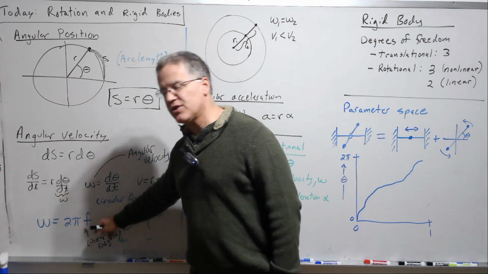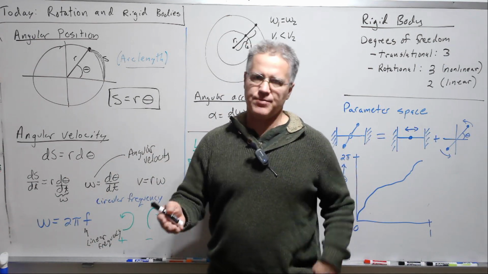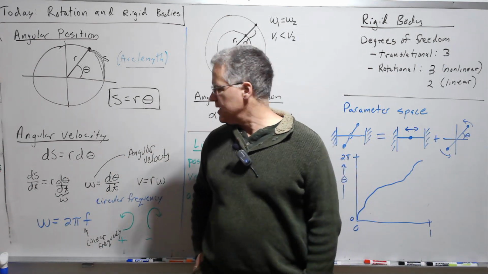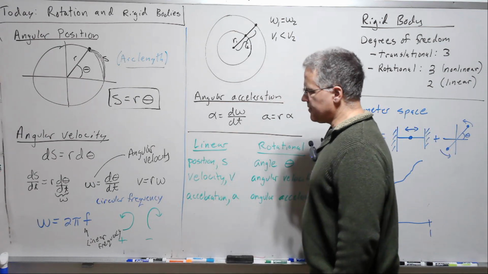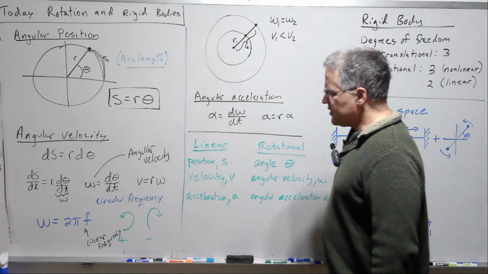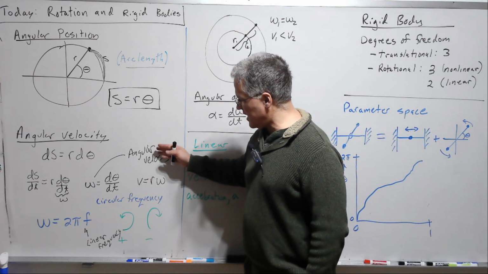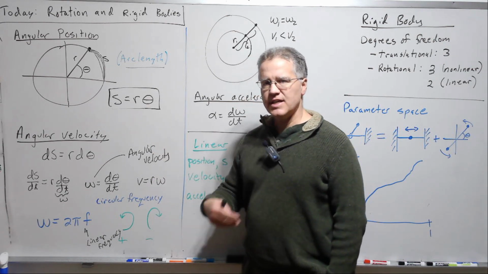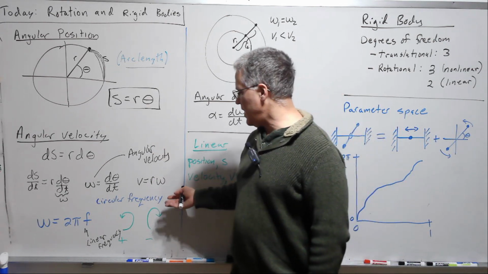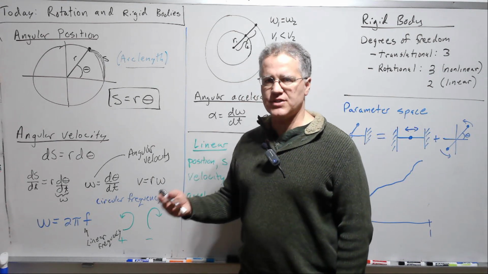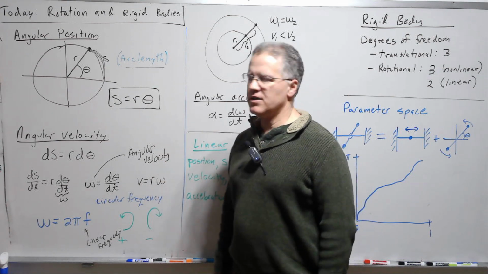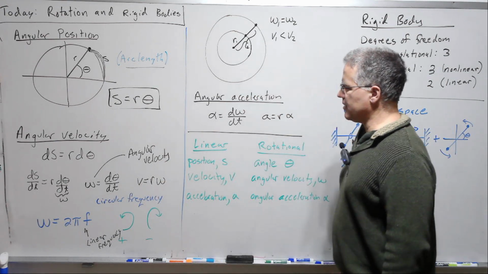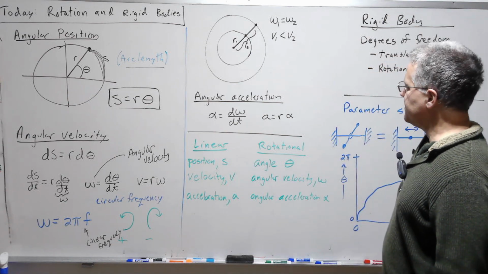In a lot of books, f is the Greek letter nu, so you might see nu as the linear frequency, and the relationship there is a factor of 2 pi. So this feels like they're different things, angular velocity and circular frequency. In the context of the problem, it might be easier to conceptualize it as a circular frequency, and in other problems, it might be easier to conceptualize it as an angular velocity.